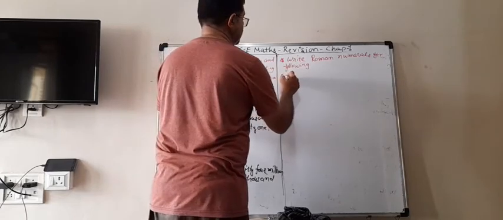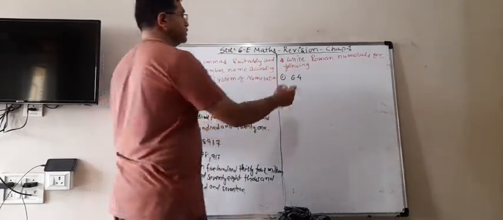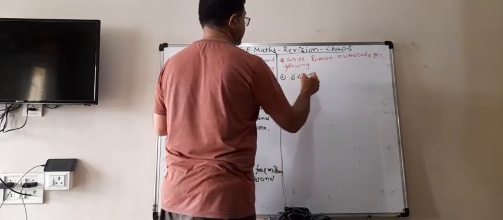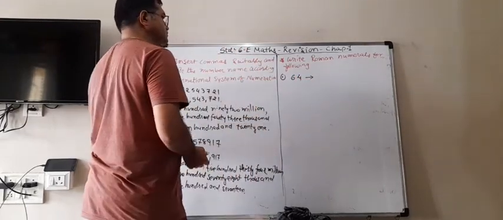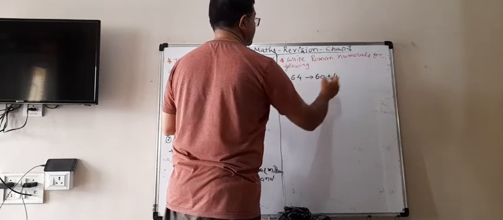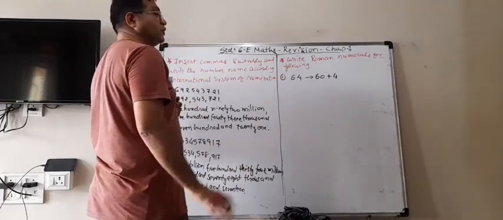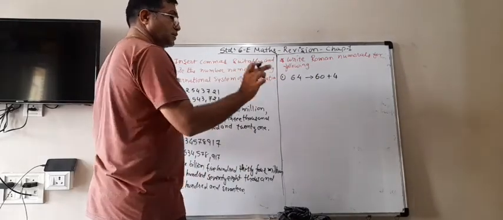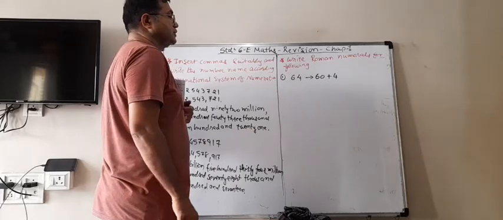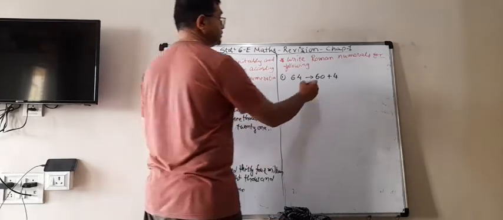Let's take the first number, 64. When we write down 64, it means 60 plus 4. For the 60, we don't have a special number. So 50 plus 10 plus 4.